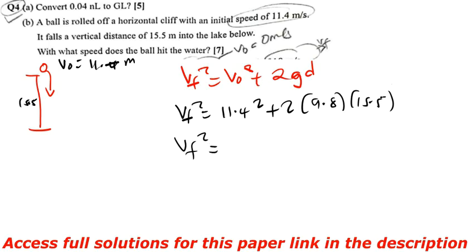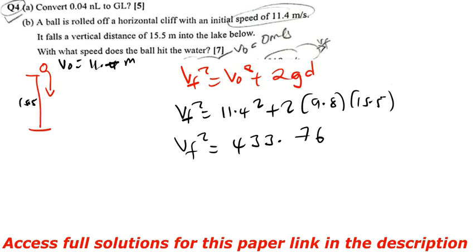So we have, I'll start with 2 times 9.8 times 15.5. So I'm getting 303, then plus 11.4 squared. So I'm getting 433.76.